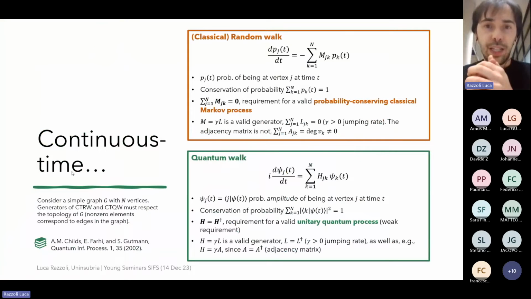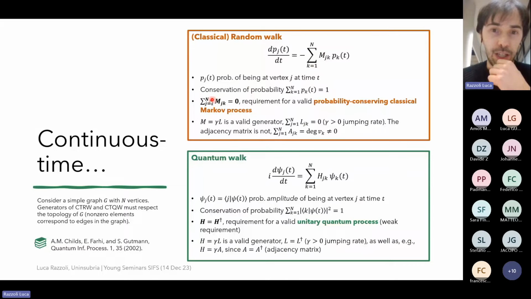So again, a classical random walk is described in terms of probability, which evolves according to this differential equation. And in order to have a valid probability-conserving classical Markov process, the matrix M must satisfy this condition. On the other hand, a continuous time quantum walk is described in terms of probability amplitudes, and this must satisfy a Schrödinger equation. This matrix, say the Hamiltonian, must be Hermitian in order to have a unitary quantum process.